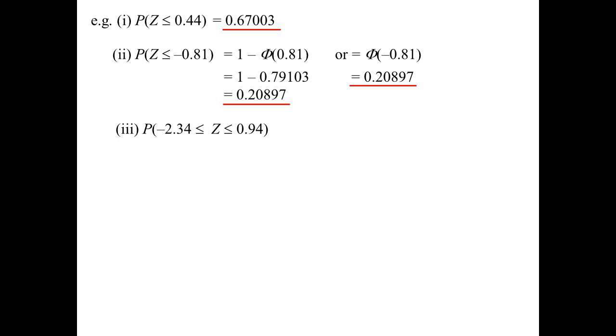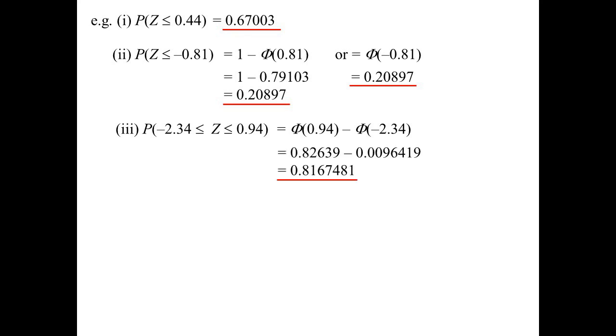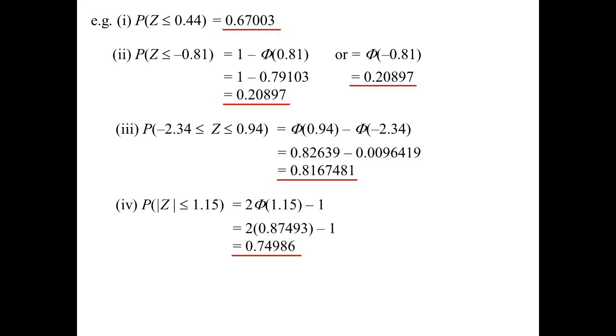In between two values, it'll be the 0.94 minus the minus 2.34. That works out to be 0.816748. And the absolute value one, the formula we said to do it was twice the 1.15 minus 1, which is 0.7496.